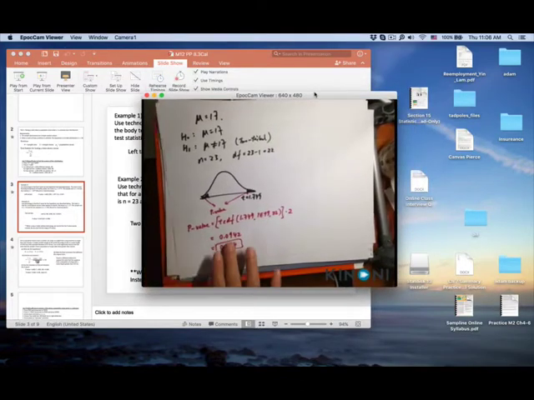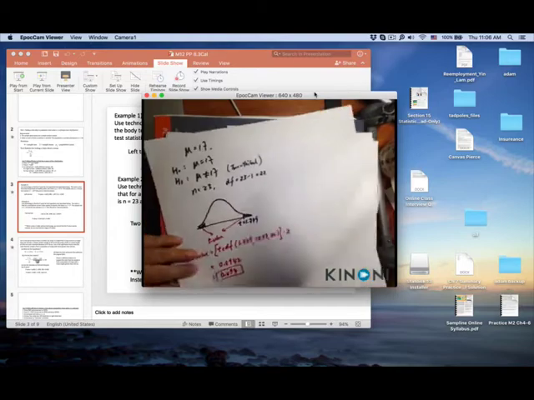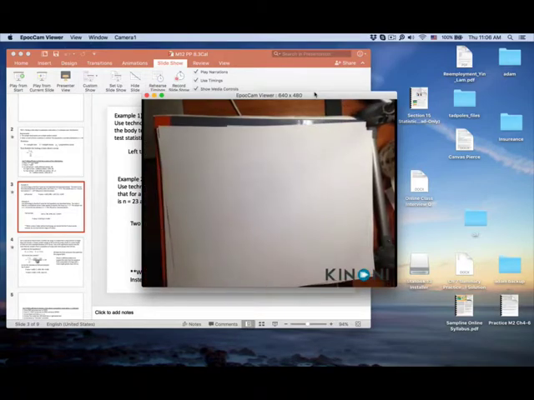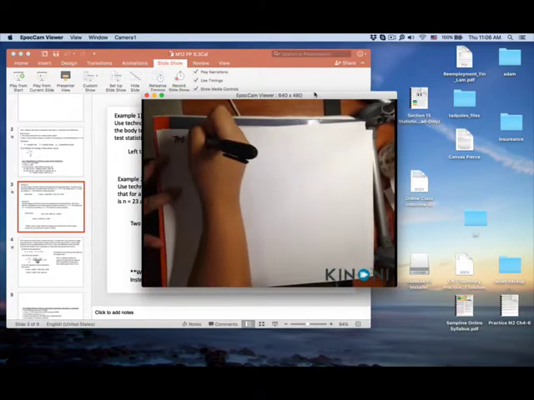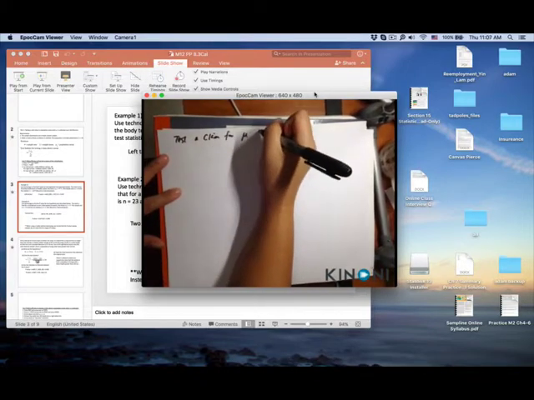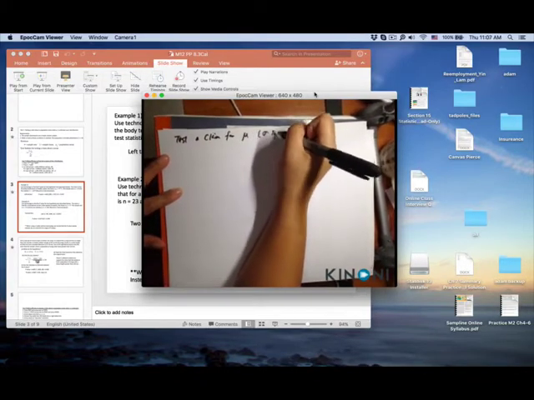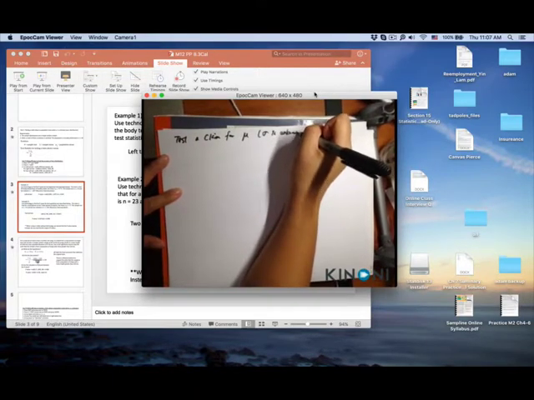Okay, now we're going to write down the steps for hypothesis testing. So this is testing a claim for the population mean, and the population standard deviation is unknown.